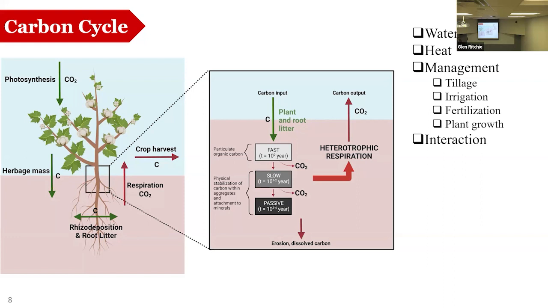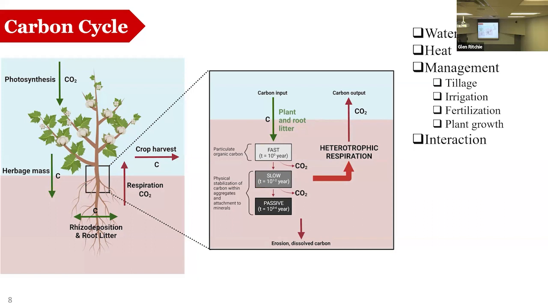And all of that can be managed differently by the amount of water, heat, and some of our management practices. I'm sure many of you know that specifically fertility, if we're adding a lot of nitrogen to the soil, that can cause our C to N ratios to be a lot lower in the plant biomass that we're creating.